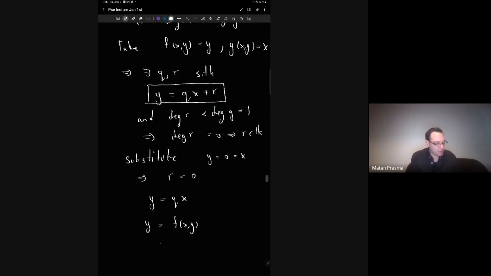So if we take evaluating at x equals 0, we get that f(0,y) needs to be 0, but f(0,y) is y, so it cannot. That's a contradiction.